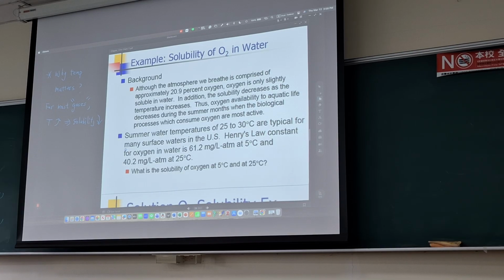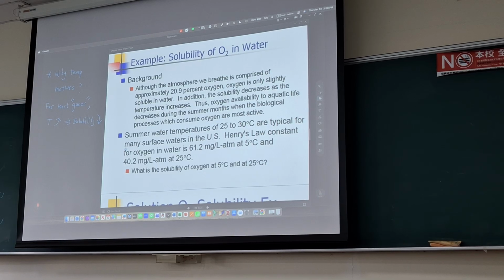This question is from our textbook and asks about the solubility of oxygen in water. Although the atmosphere we breathe is comprised of around 20.9% oxygen, oxygen is only slightly soluble in water.